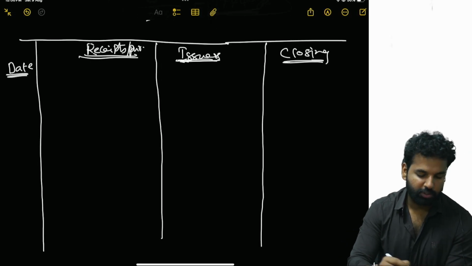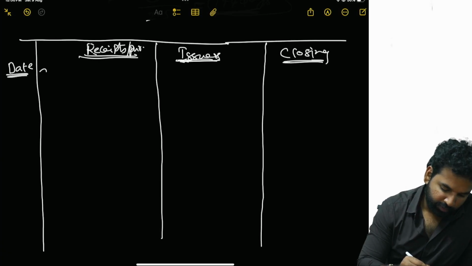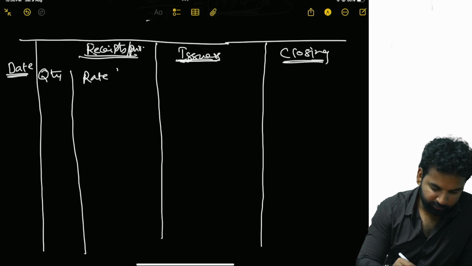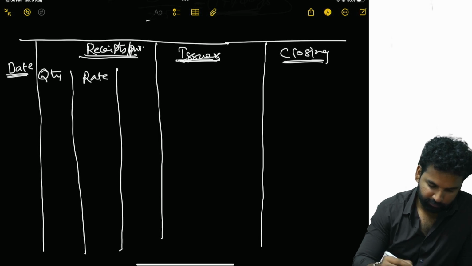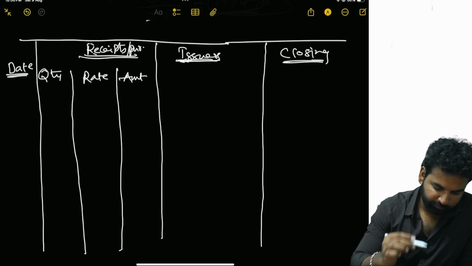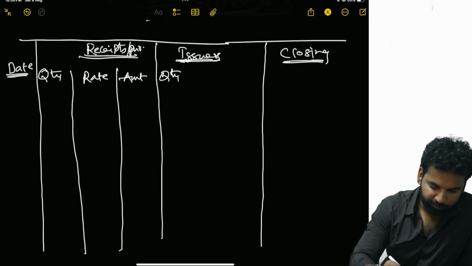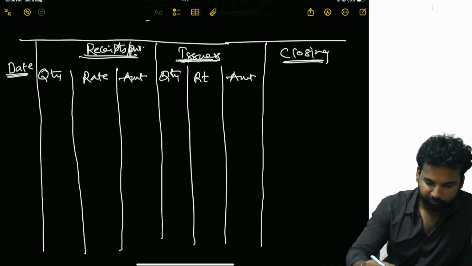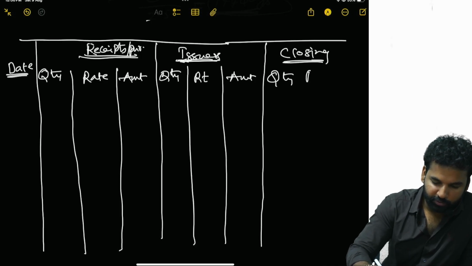In this, quantity will be there, rate will be there, amount will be there. Next, quantity, rate, amount. Next, quantity, rate, amount.